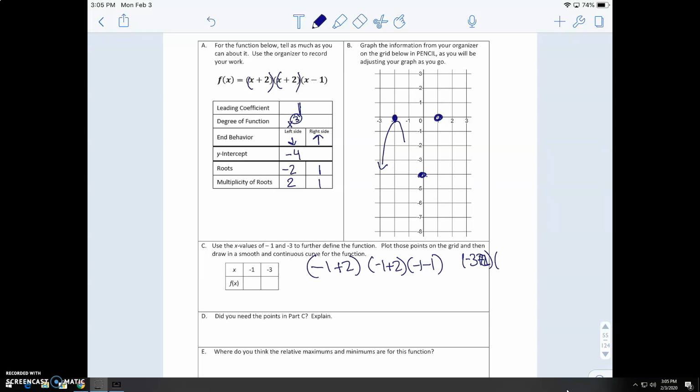And you'll go get an answer for that. So then it's going to ask you if you need those points, and you don't really because you can sketch right now, but those points make your graph more accurate.